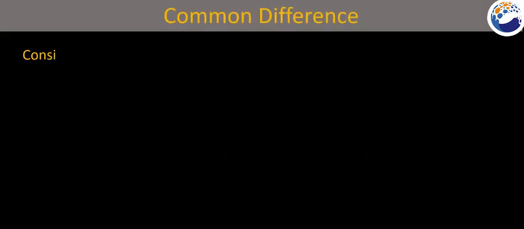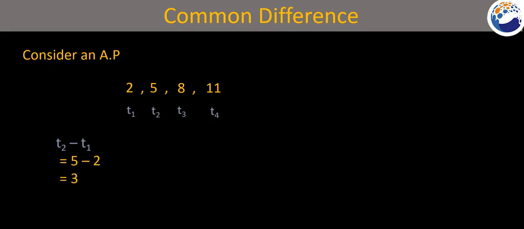Common difference. Consider an AP 2, 5, 8, 11. Here, T1 is equal to 2, T2 is equal to 5, T3 is equal to 8, and T4 is equal to 11. Now, T2 minus T1 is equal to 5 minus 2 is equal to 3. T3 minus T2 is equal to 8 minus 5 is equal to 3.